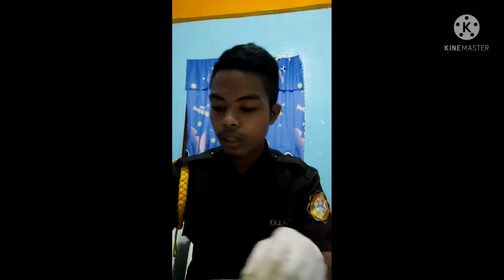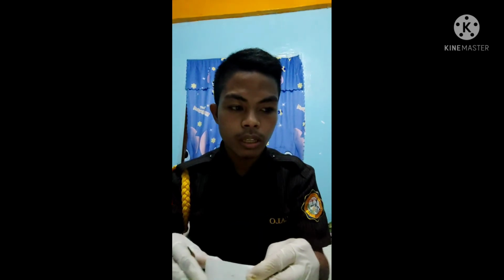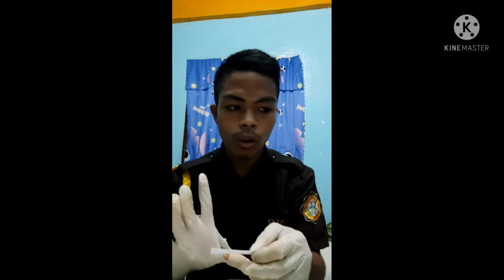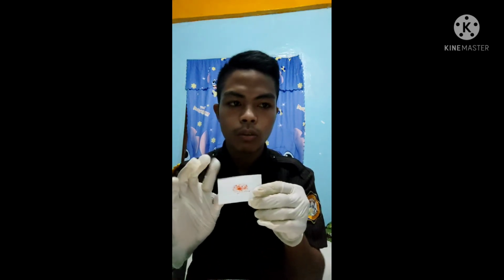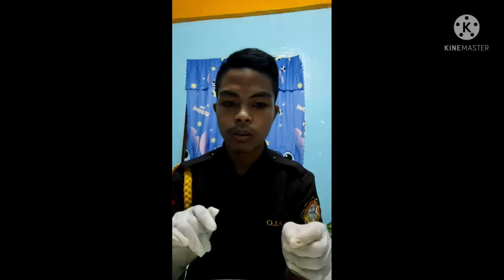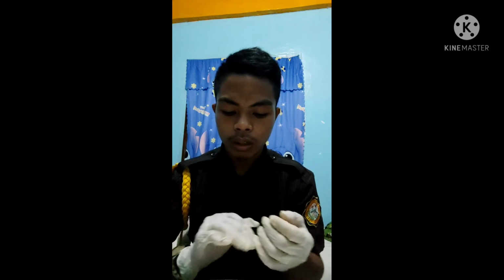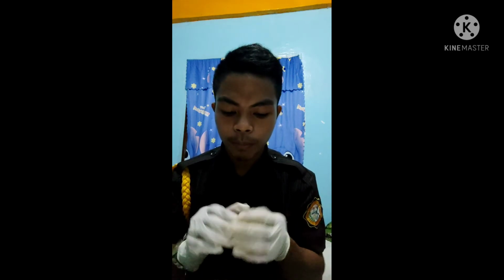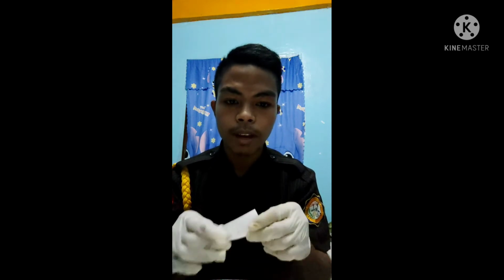Here is the result, which is a rose color or deep pink. There is a possibility that the specimen contains blood, or it could be another substance. We have no proof that this is surely blood.